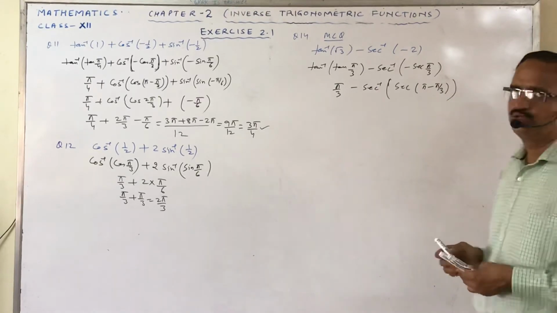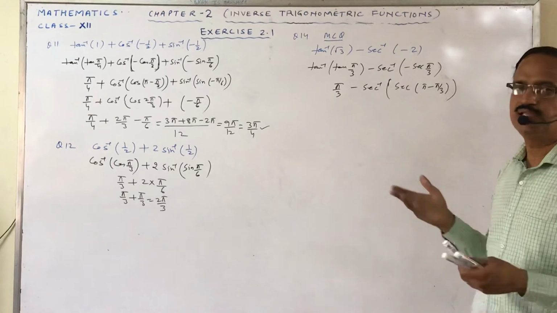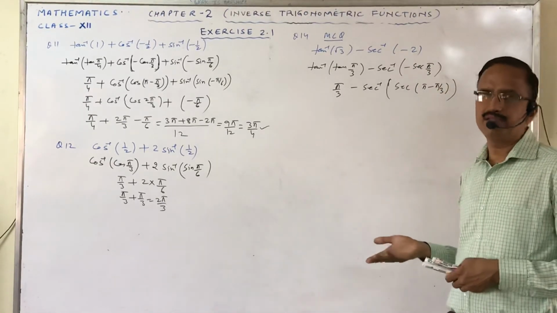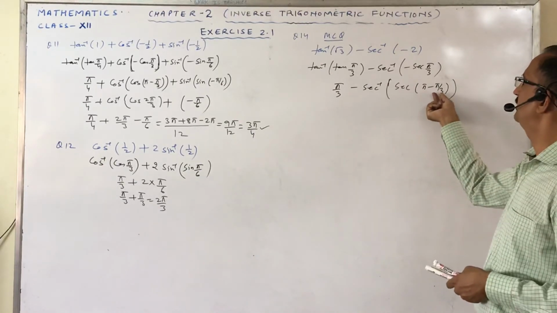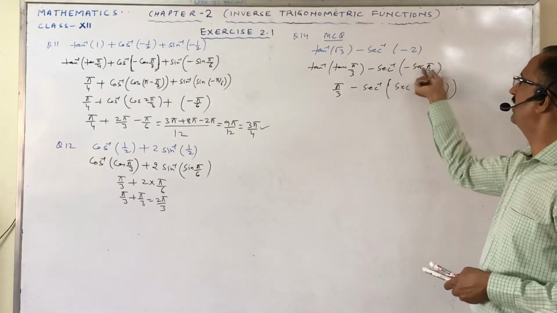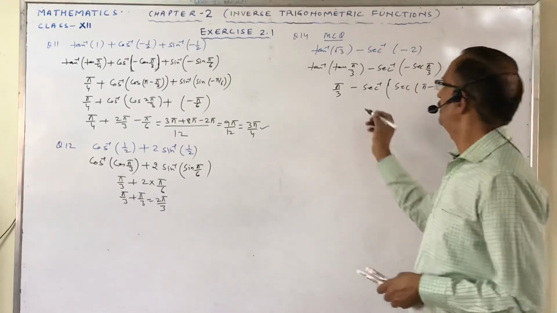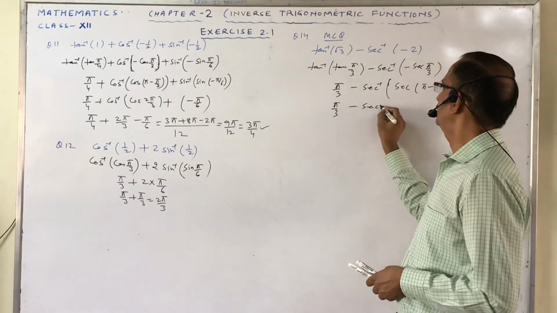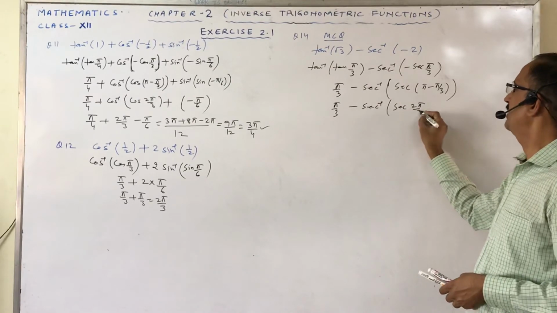This I am writing because this negative value appears in the second quadrant, and second quadrant means what? Pi minus something, pi minus theta. That's why I am writing this pi minus theta. So this becomes minus sec pi by 3. Now this is pi by 3 and this is sec inverse sec 2 pi by 3.